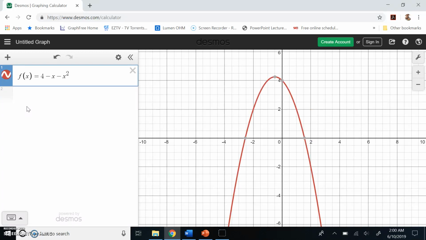Now here's how you put the restriction on the domain. You put a little squiggly bracket, which is right above the bracket. So you would press shift and bracket. That'll give you the squiggly bracket. And then you just simply type in what your input is. So our domain is restricted to x less than or equal to 2.